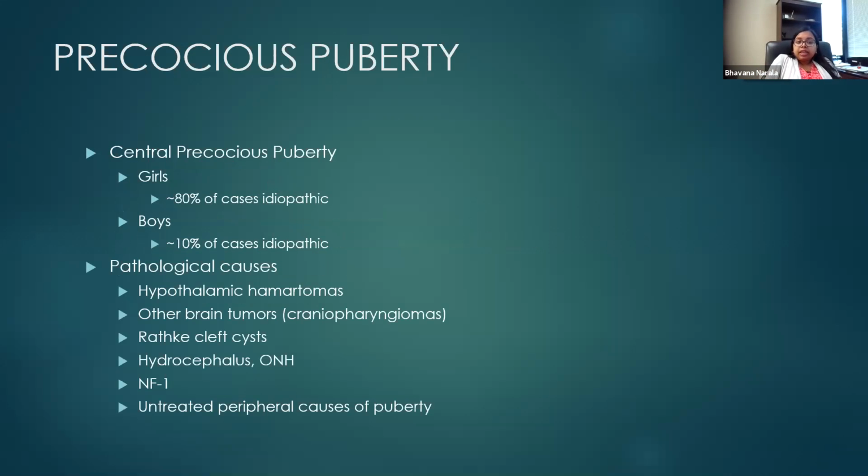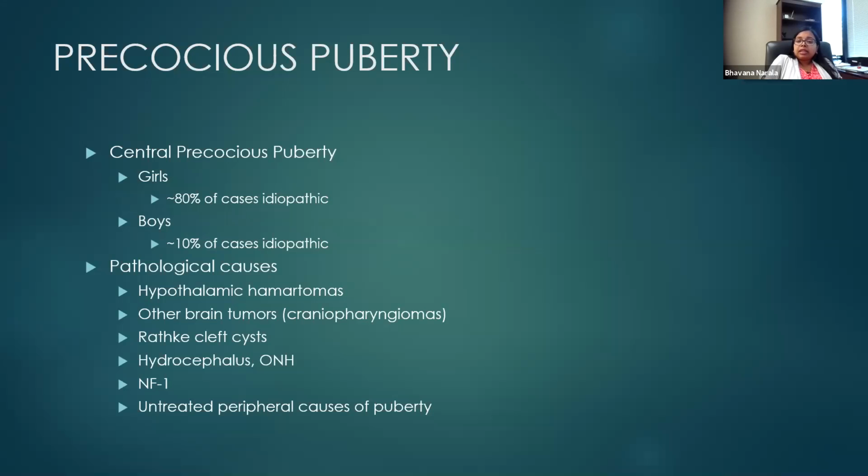But say it's a 5-year-old with bilateral thelarche. That's GnRH dependent, called central precocious puberty. In girls, like I said, it's frequently found compared to boys, and 80% or maybe even higher, I would say in clinical practice, are idiopathic.